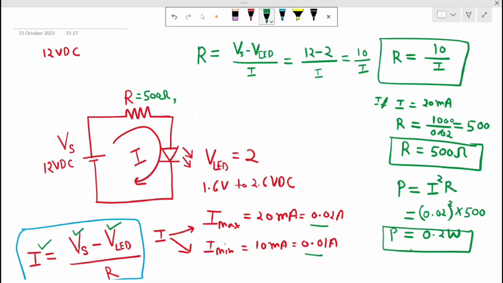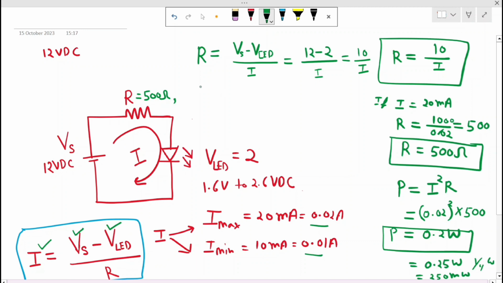But we will not take a resistance whose power rating is 0.2. We always have to select a higher power value of resistor. So we will select 0.25 watt, or we can say 250 milliwatt, or 1/4 watt resistance.